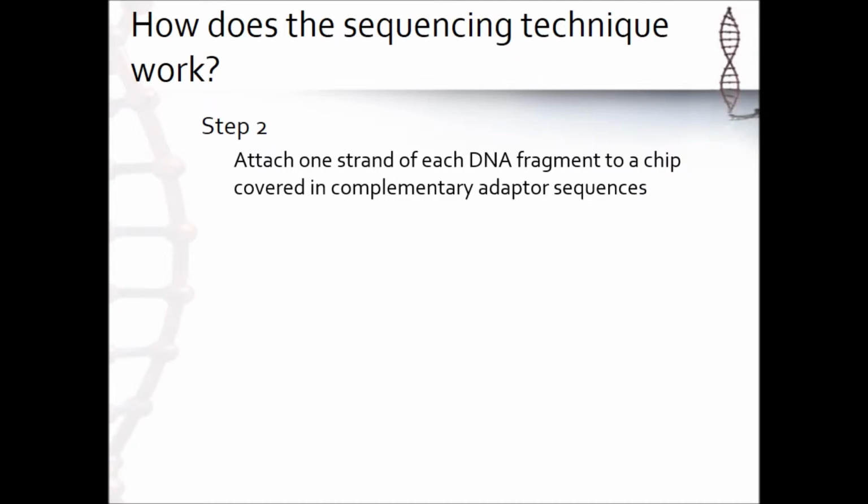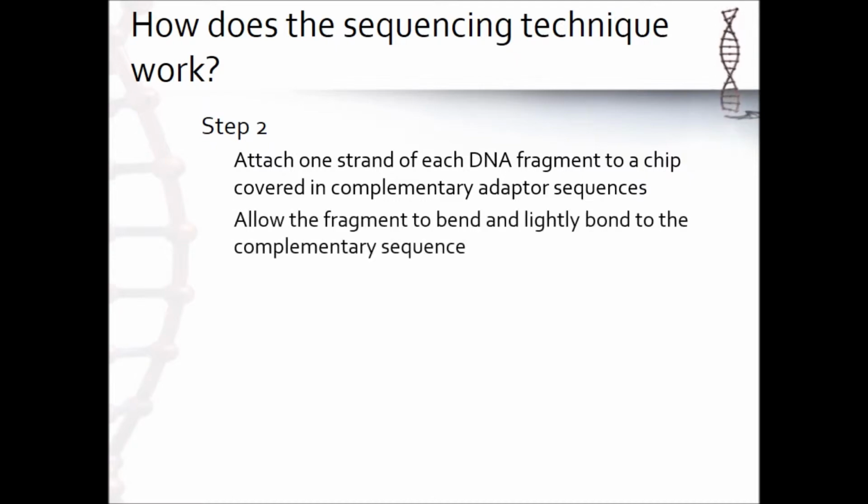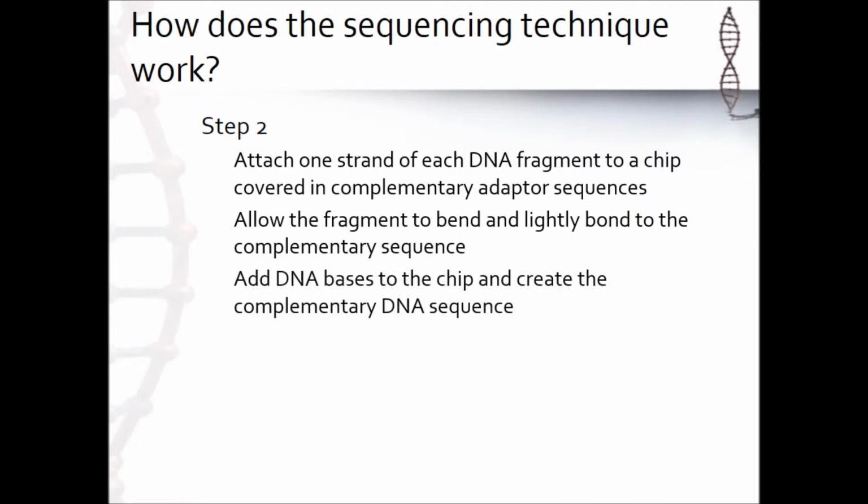This allows the fragments to bend into an upside down U shape by being attracted to the complementary adapter sequences and lightly bonding to them. From there, you can add DNA bases to the chip or the plate, which then create a sequence of DNA that is complementary to the one that you have.